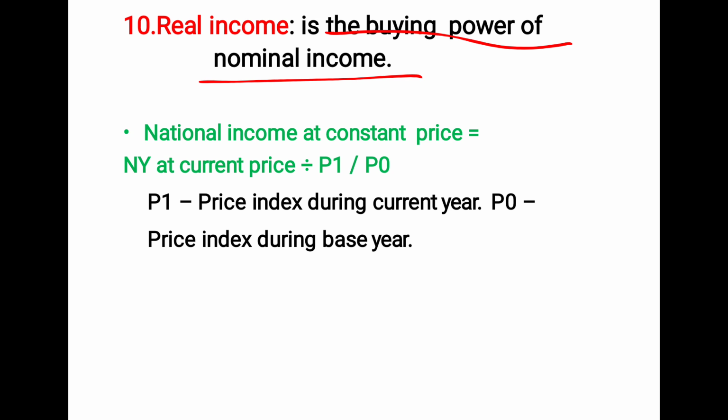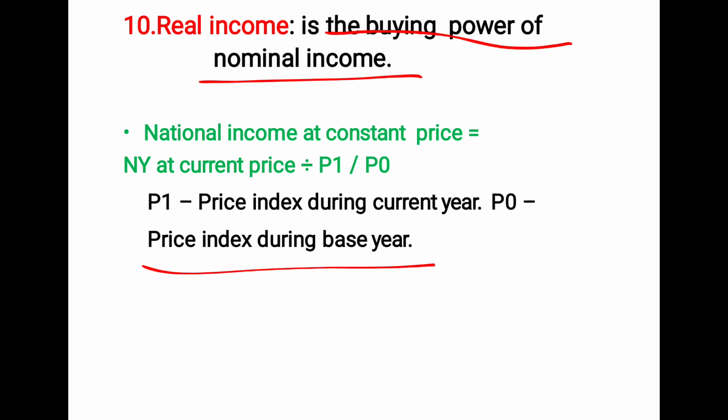Real income is calculated as national income at constant price, which is equal to national income at current price divided by P1 by P0. What does P1 tell you? P1 tells you the price of the current year and P0 tells you the price index of the base year.